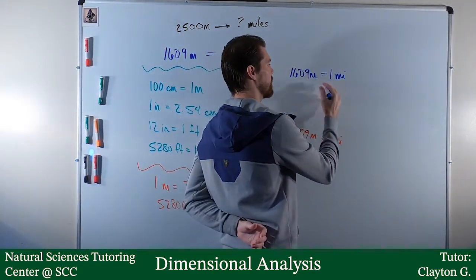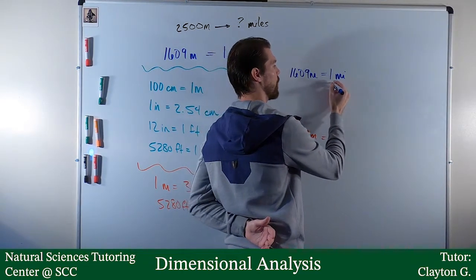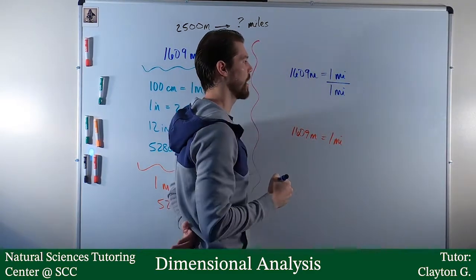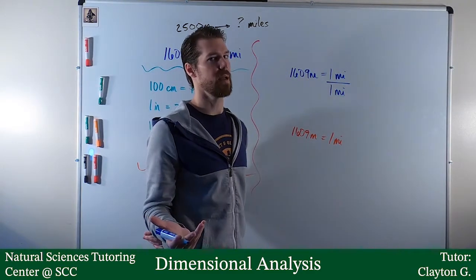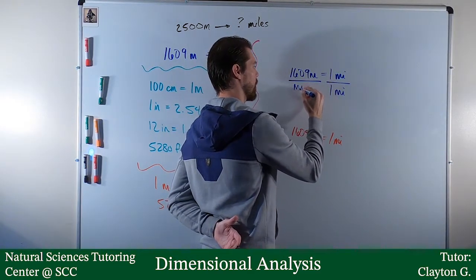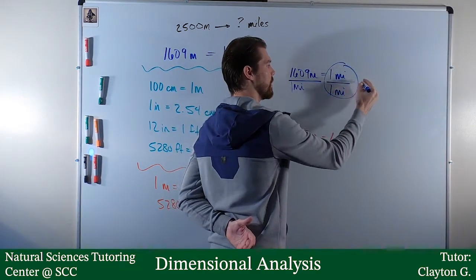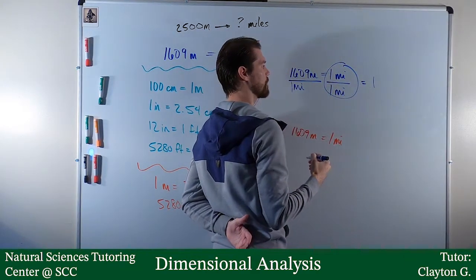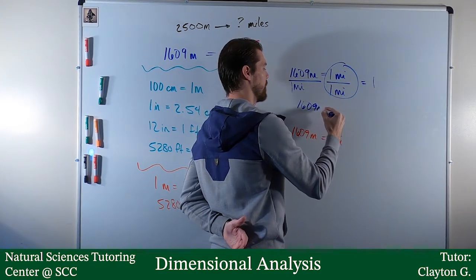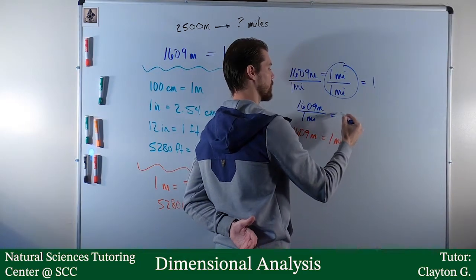So if I have this equivalency here, 1609 meters equals 1 mile, let's say I divide by 1 mile on the right side. We've all taken an algebra class. If I divide by this on the right, I must divide by that on the left. Well, this equals 1. So now I get 1609 meters over 1 mile equals 1.